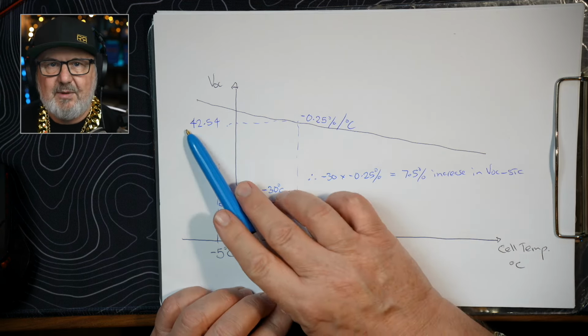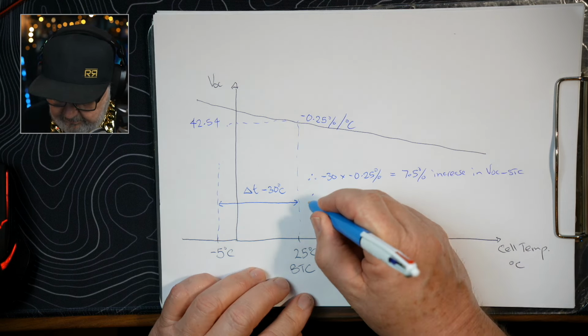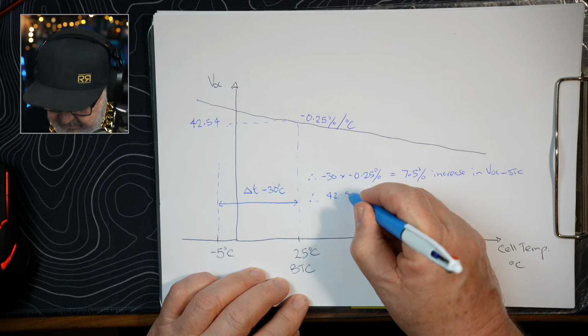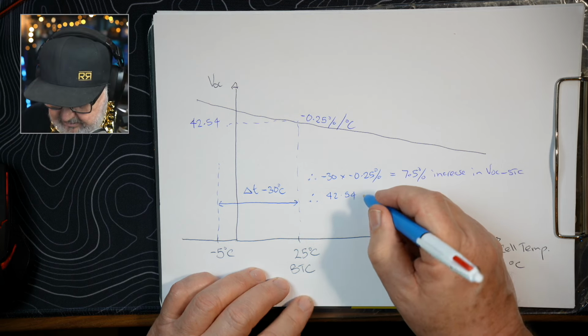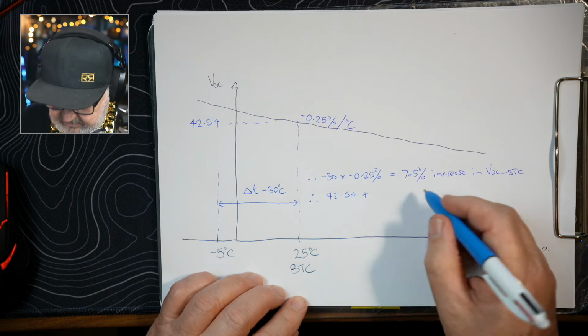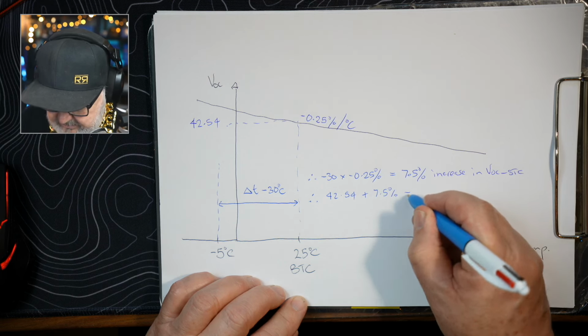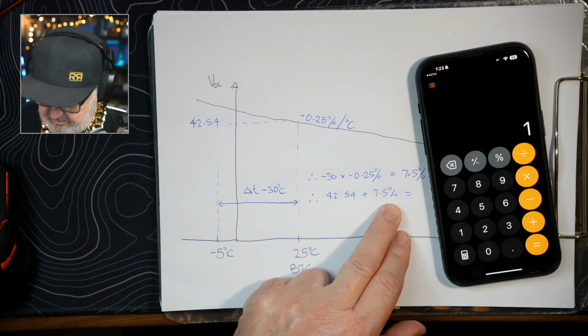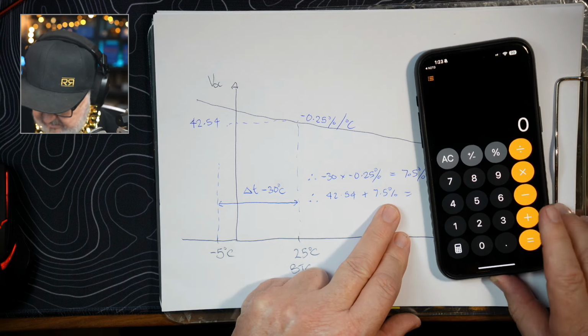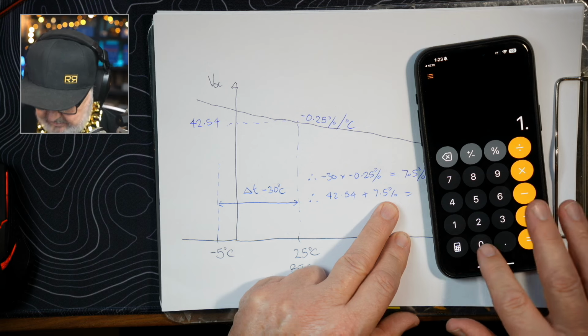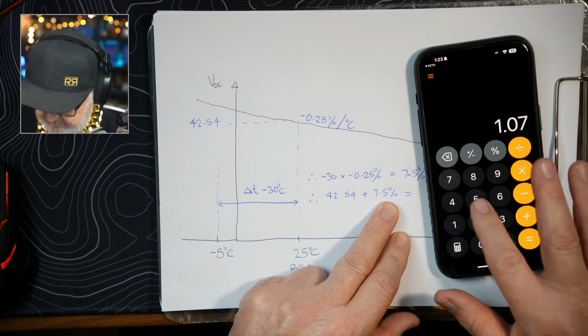So that number there, therefore 42.54, and we're going to add to it 7.5%. As a percentage, I'll just do that a bit more elegantly. We'd multiply by 1.075.